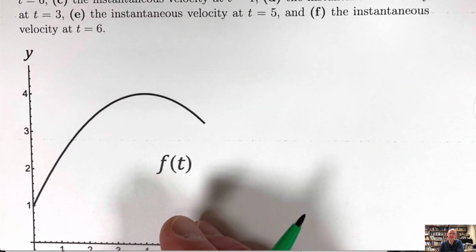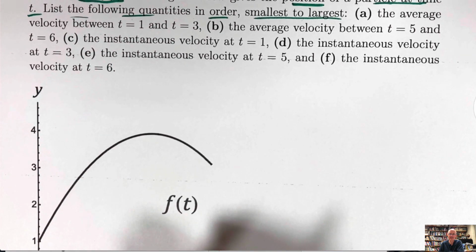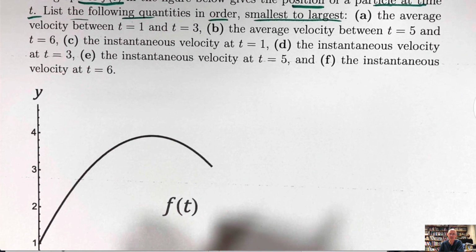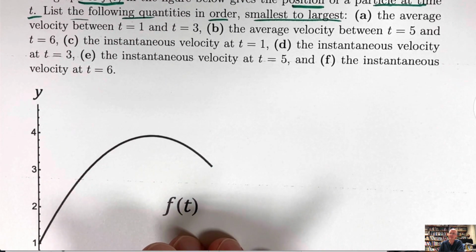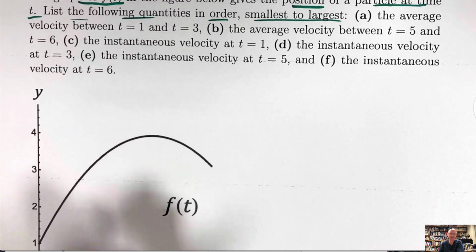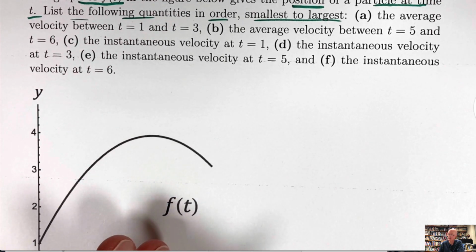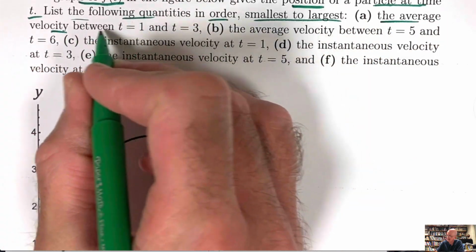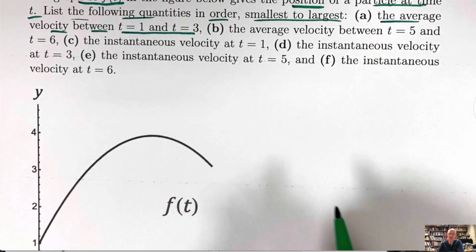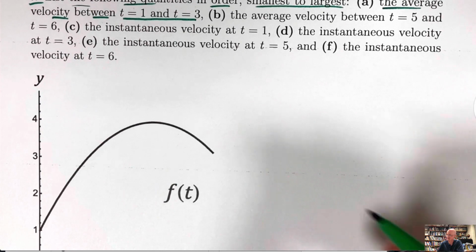All right, let's look at these quantities that we want to order from smallest to largest. They are velocities. This is a position graph. They're going to be slopes of certain lines in this graph that we're going to make on top of this graph. Part A is the average velocity between time 1 and time 3. What is average velocity?